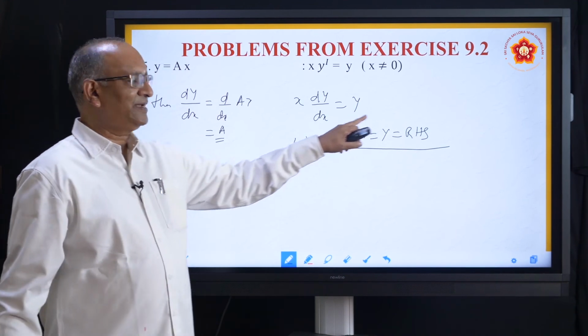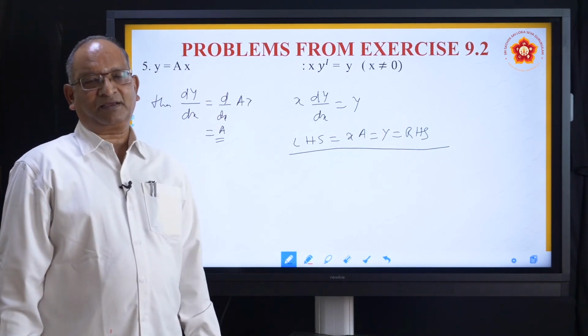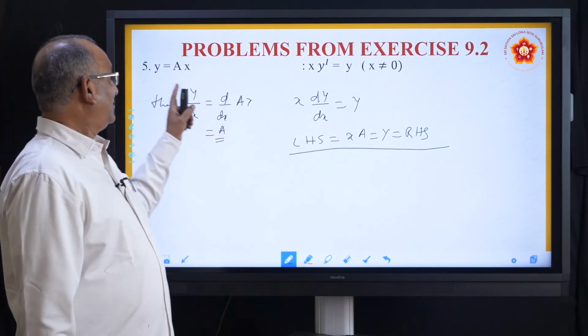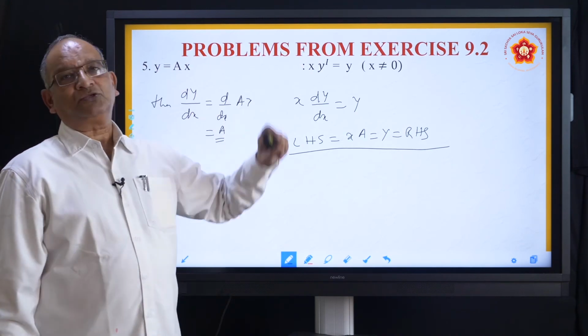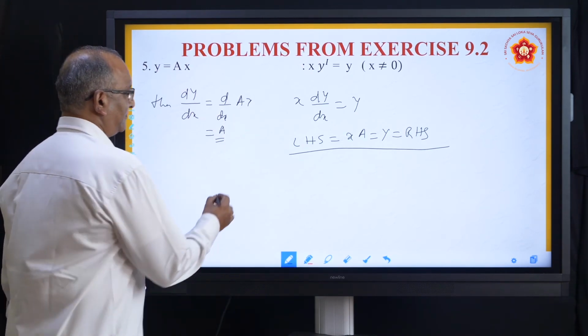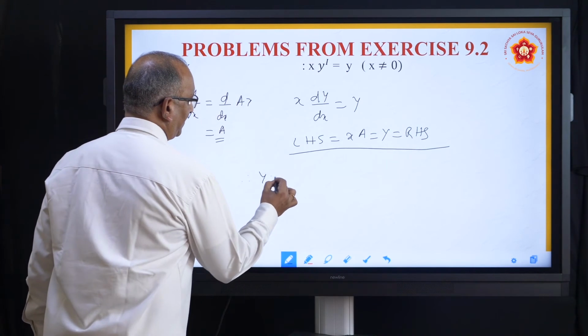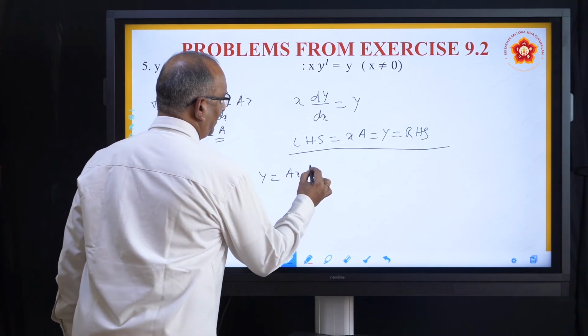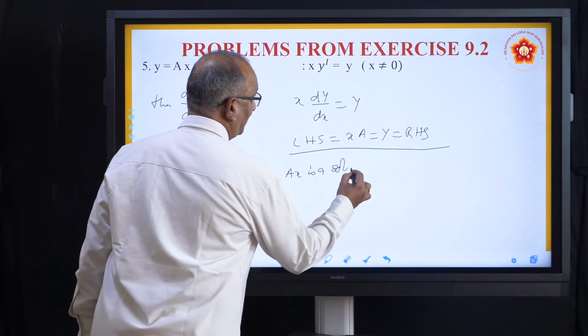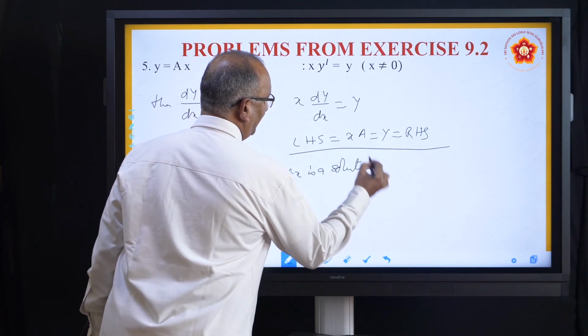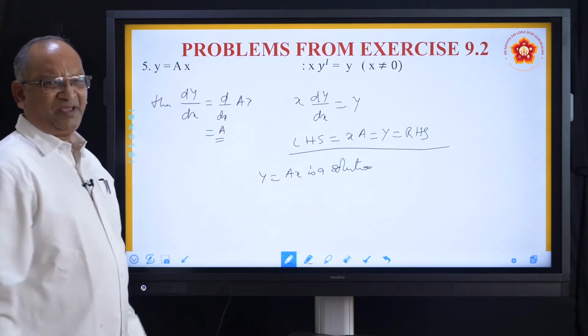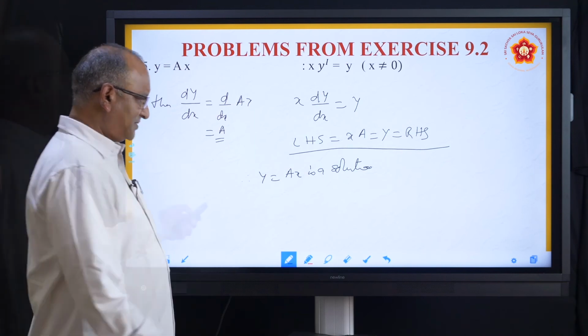Left hand side is equal to right hand side. Conclusion: y equal to ax is a solution. Very simple problems.